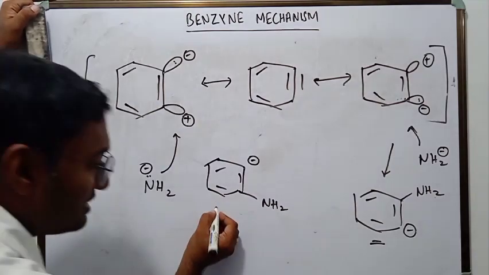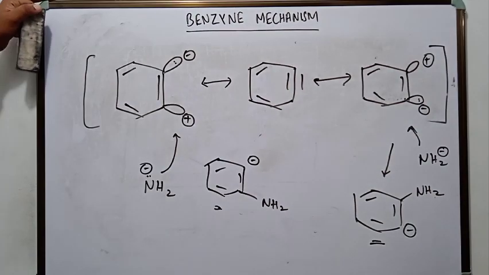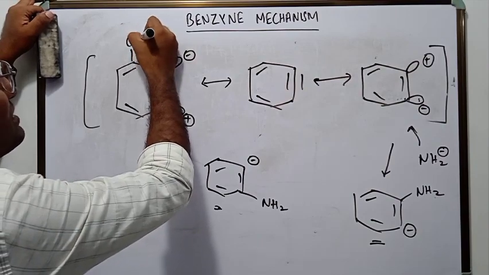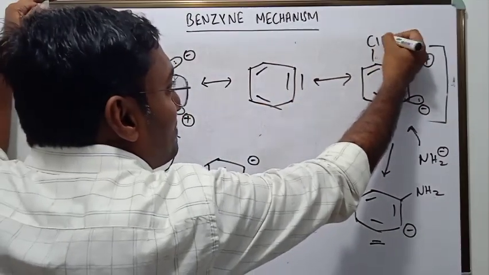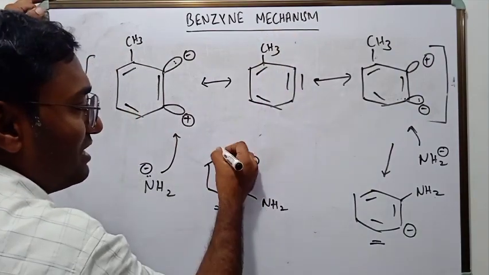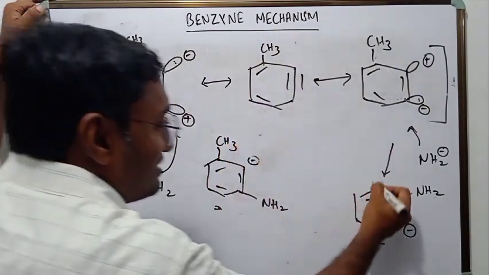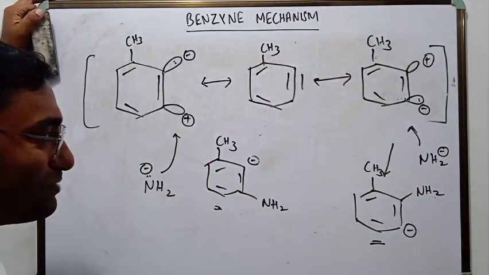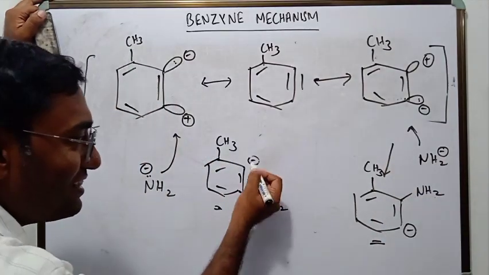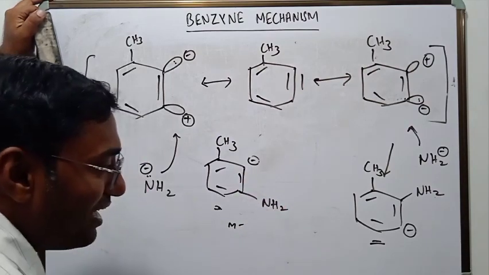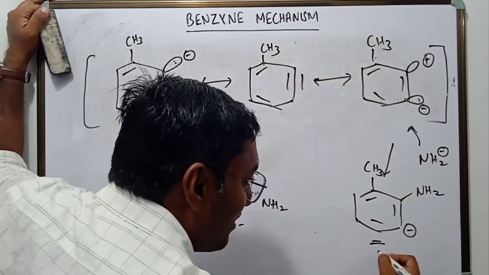This is that structure. Now suppose here on the benzyne there was a primary substituent. If there was a primary substituent, then what would have been the result? Yes, two products would have been formed, right? The first would have been a meta isomer and the second would have been an ortho isomer.